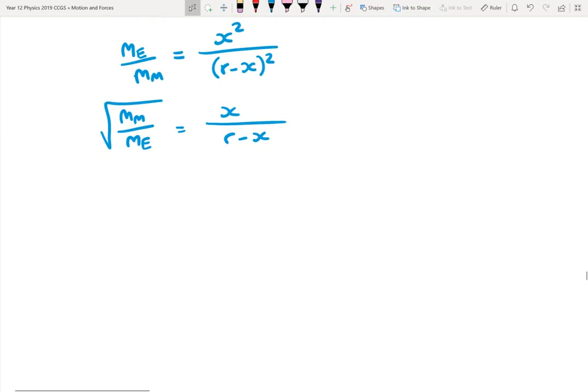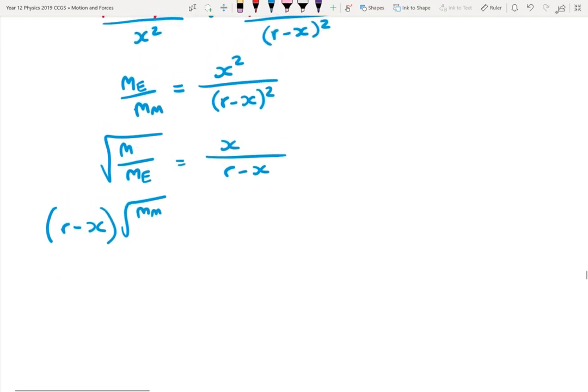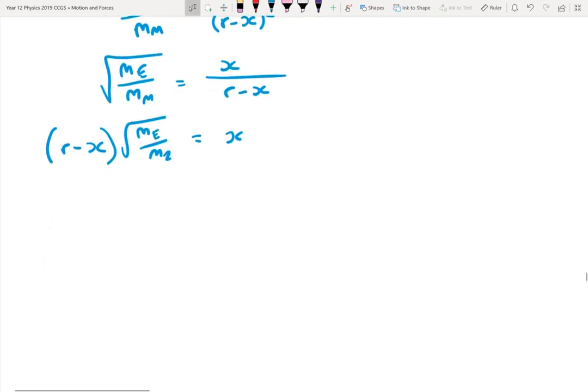I will then multiply both sides by r take x. Oh, hang on, I flipped my moons. That would be bad. And what does that leave us with? I then might multiply out this bracket to r root M_Moon, take x root M_Moon, equals x.